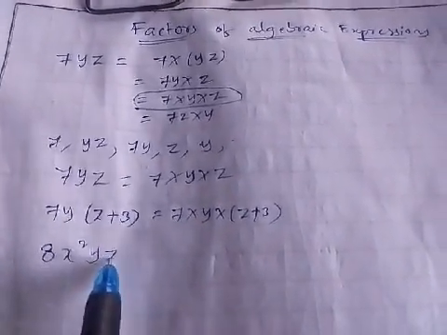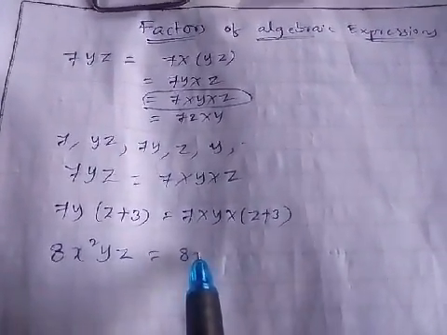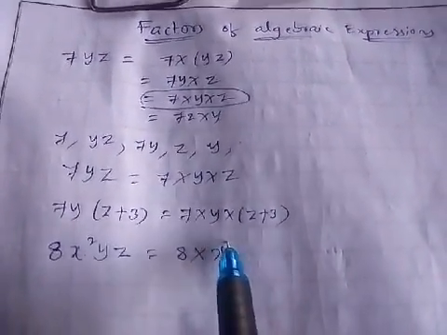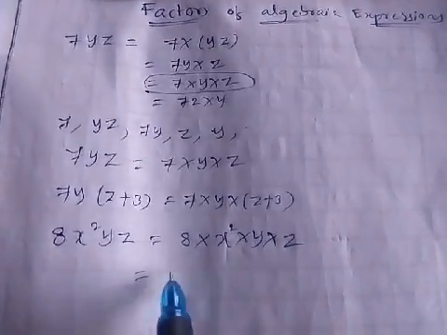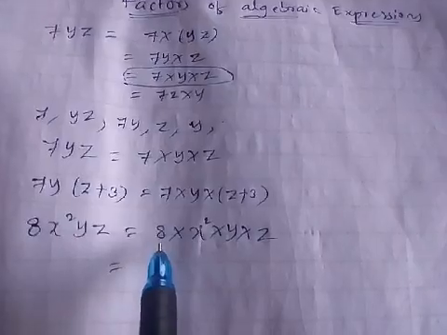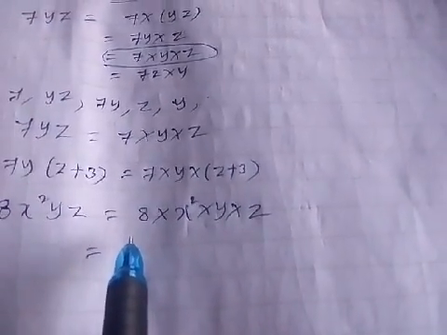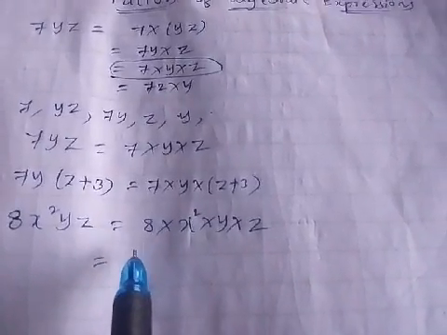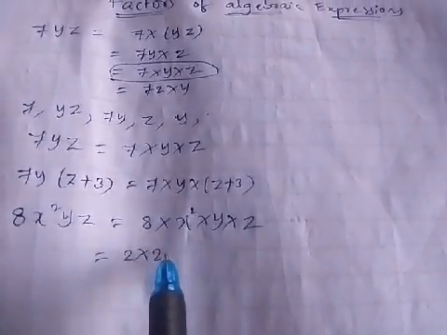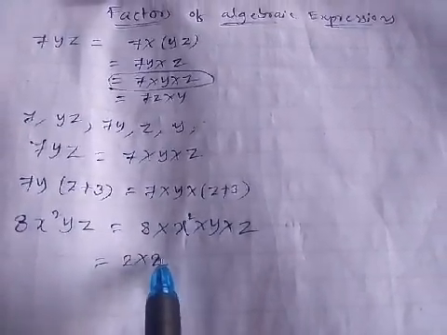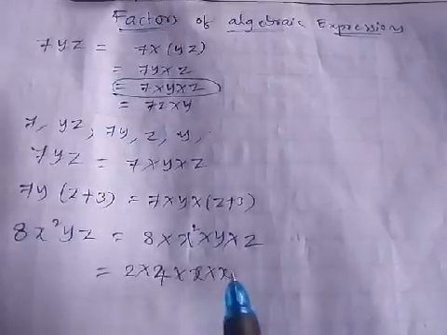Similarly, let us see one more problem: 8x square yz. Here 8 is a number. This can be written as 8 into x square into y into z. 8 can be written as a product of prime factors, that is, 2 into 4. x square also can be written as x into x.